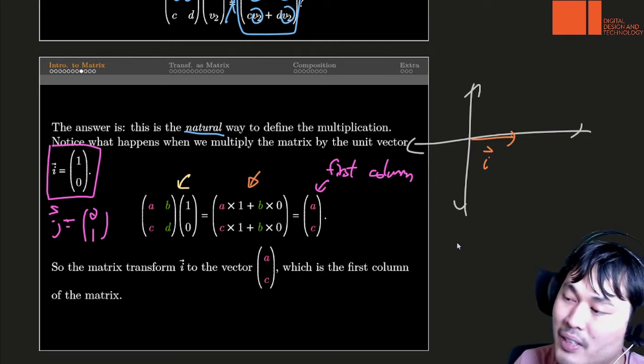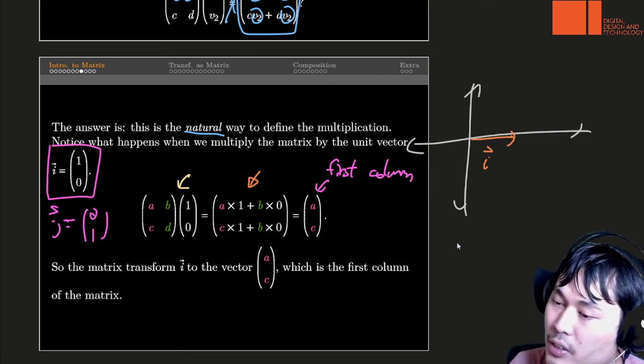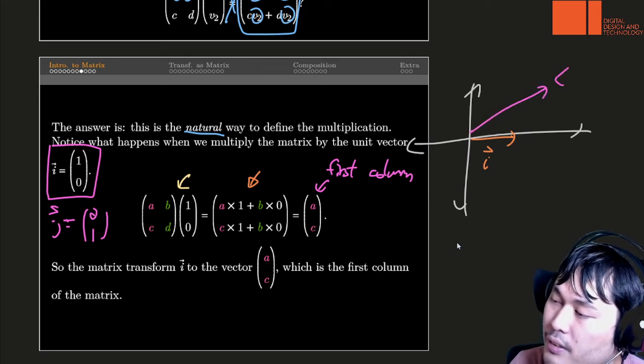It's convenient that it moves the vector i to a vector A and C.